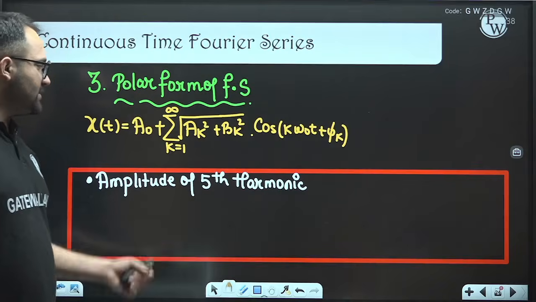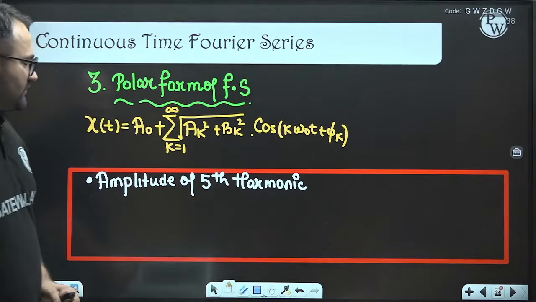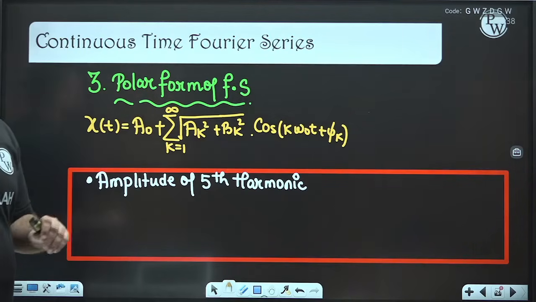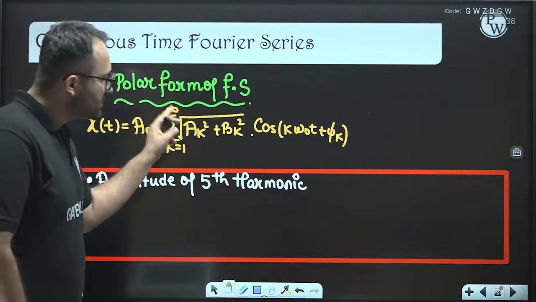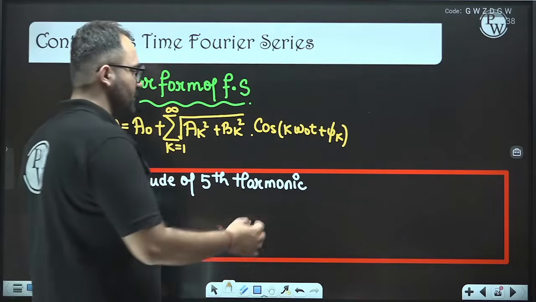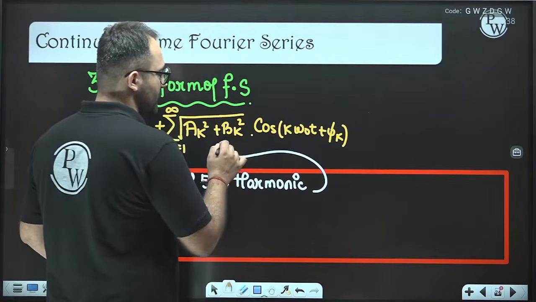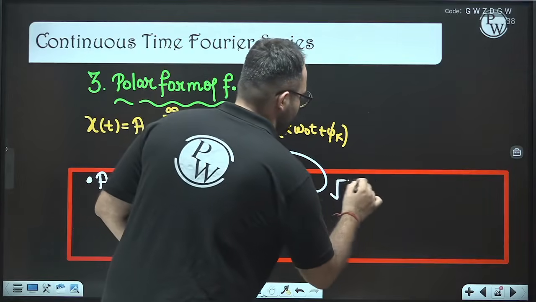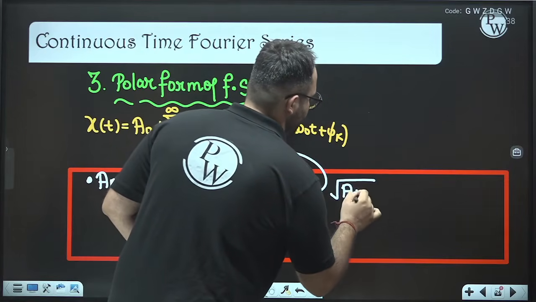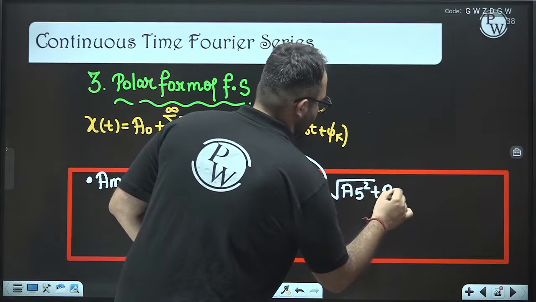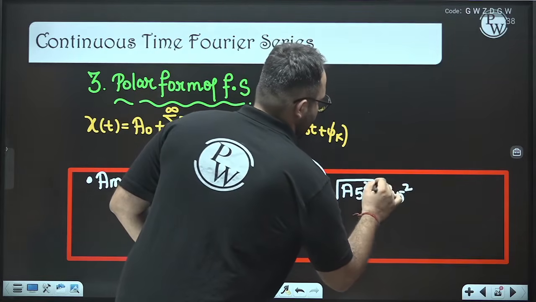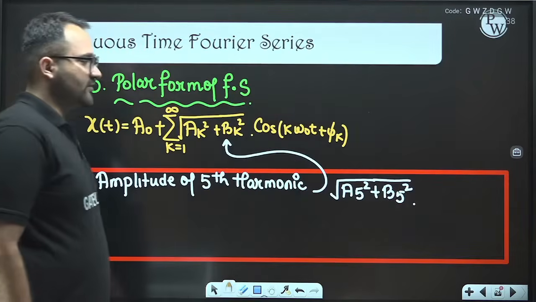Always remember that anytime we have to find out the amplitude of the fifth harmonic, it means that we have to find out this value at k equal to 5, that is under root of a5 square plus b5 square. Always remember.